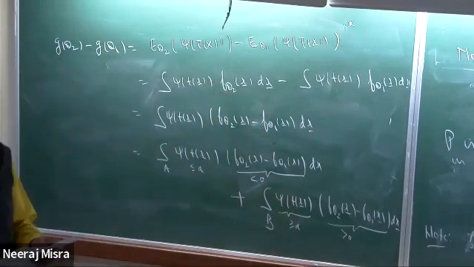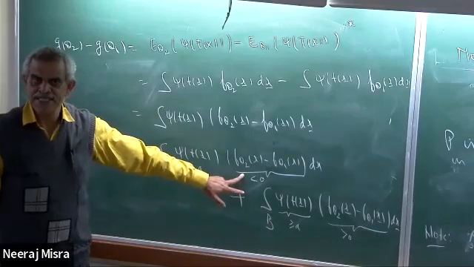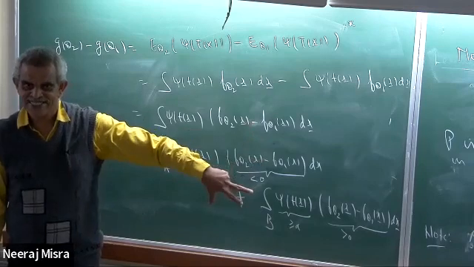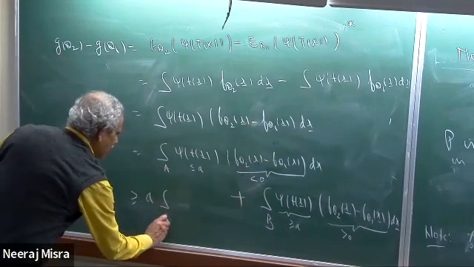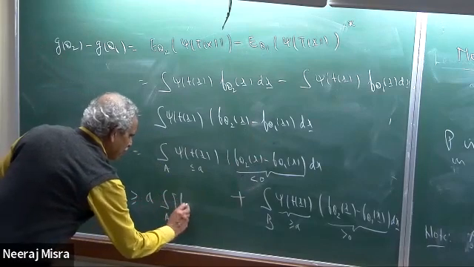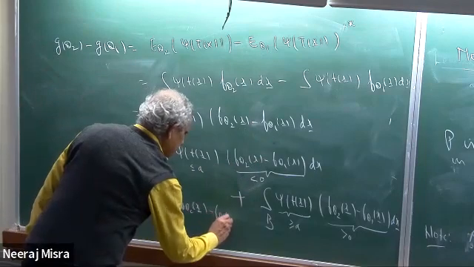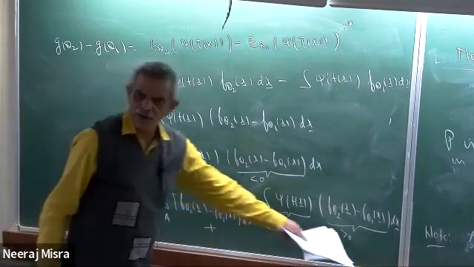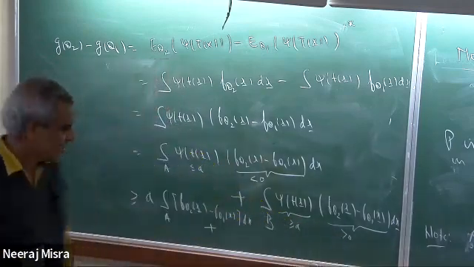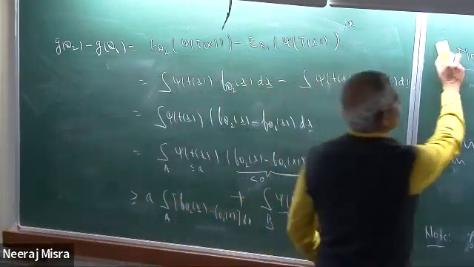So what do you conclude from here? Here this is less than or equal to a, and I'm multiplying it by a negative quantity, so the inequality gets changed, right? So this would be greater than or equal to a times the integral over A of f_theta2(x) minus f_theta1(x), plus, here both things are positive, so the inequality doesn't change.